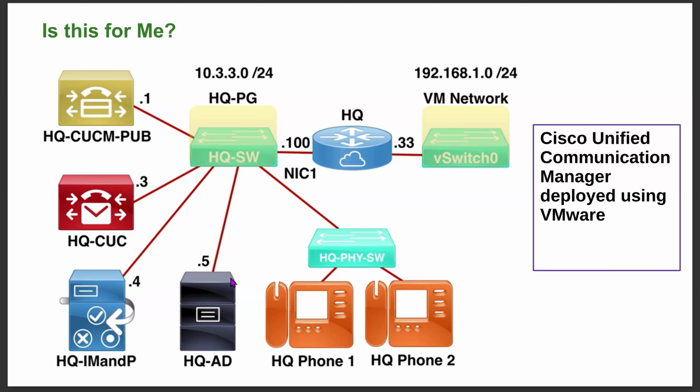Now, this one is something that is non-Cisco. This is Microsoft Active Directory. So a Microsoft server could be installed within VMware, and this provides the Active Directory, DNS, and DHCP services. As you see, just from this slide, switches, routers, servers, and voice platform solutions can be deployed within VMware.